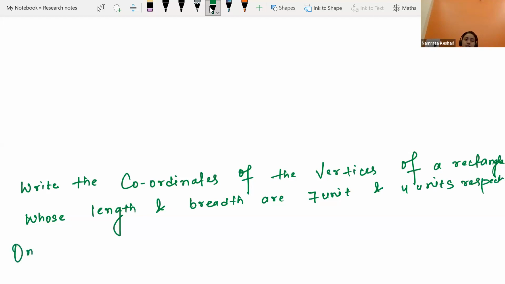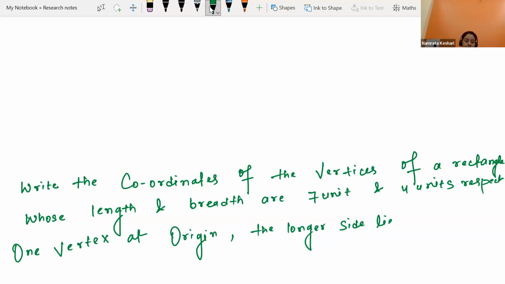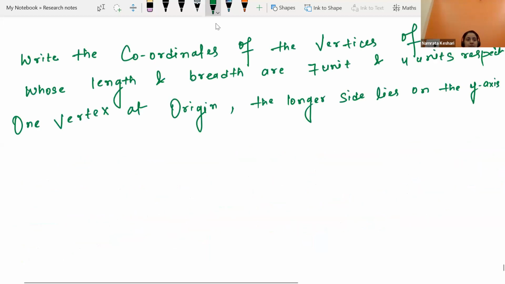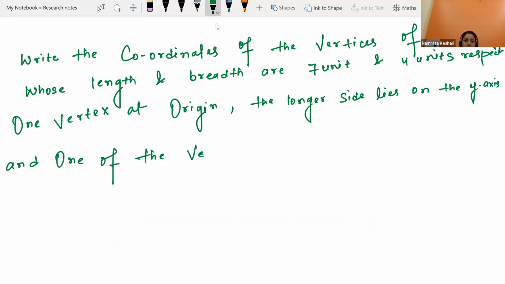It's like the question which Tejas asked. One vertex, try it at origin, the longer side lies on y-axis and one of the vertices lies in second quadrant.